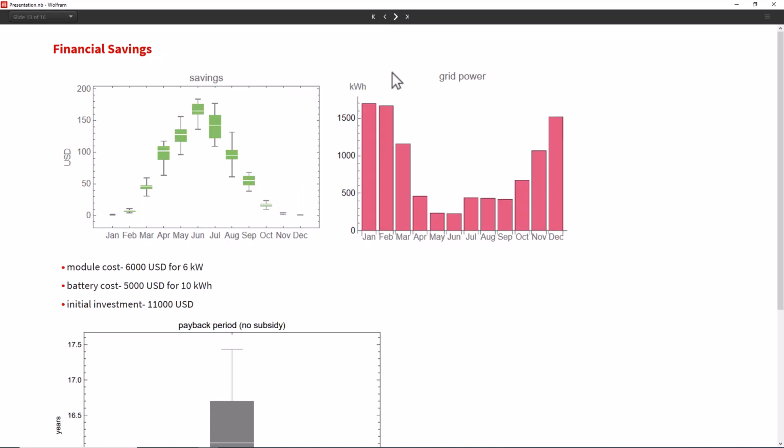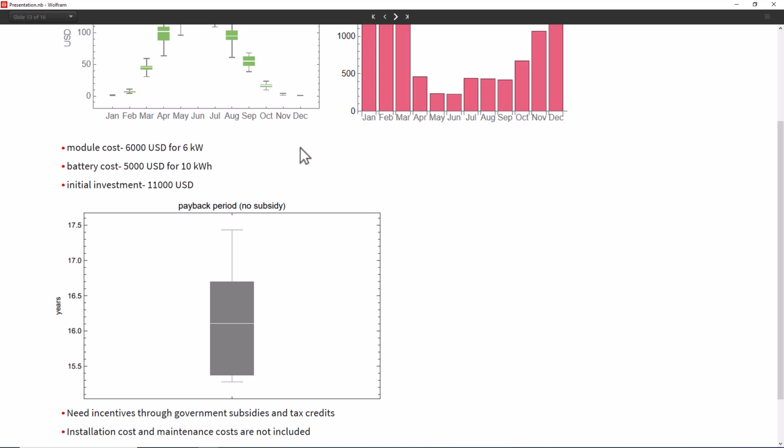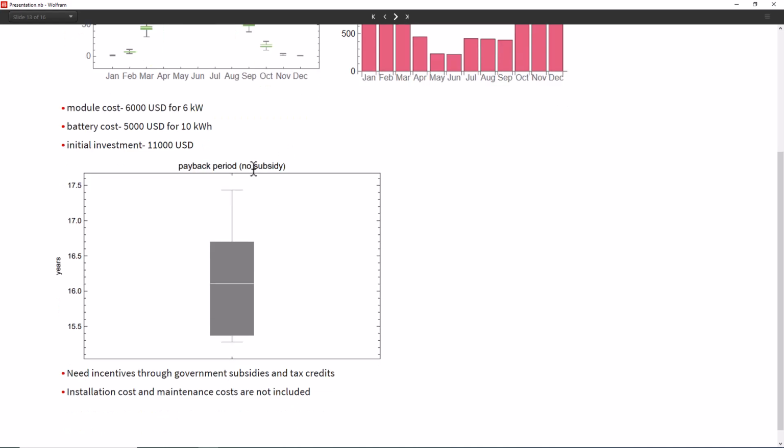Assuming I can fully utilize the solar energy I generate, it will reduce my reliance on grid power and result in savings. Based on my current solar production, I estimate annual savings of around 700 US dollars. Let's try to calculate the payback period. The overall cost of the system, including panels, batteries, inverters, and installation, varies depending on location.